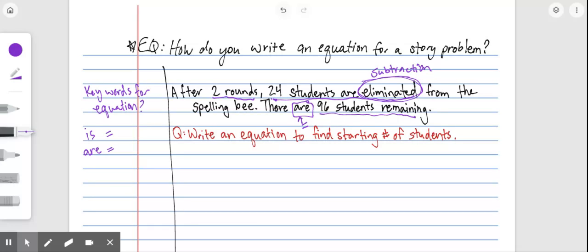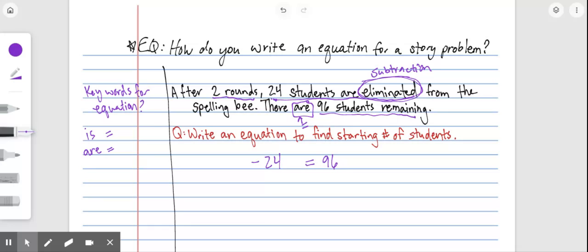Okay. All right. So now the pieces are coming together. I'm starting to determine what is happening in the story problem. I know that this equals 96 students. I know that I've eliminated 24 students. So I know that I've subtracted 24 students from the original number of students.